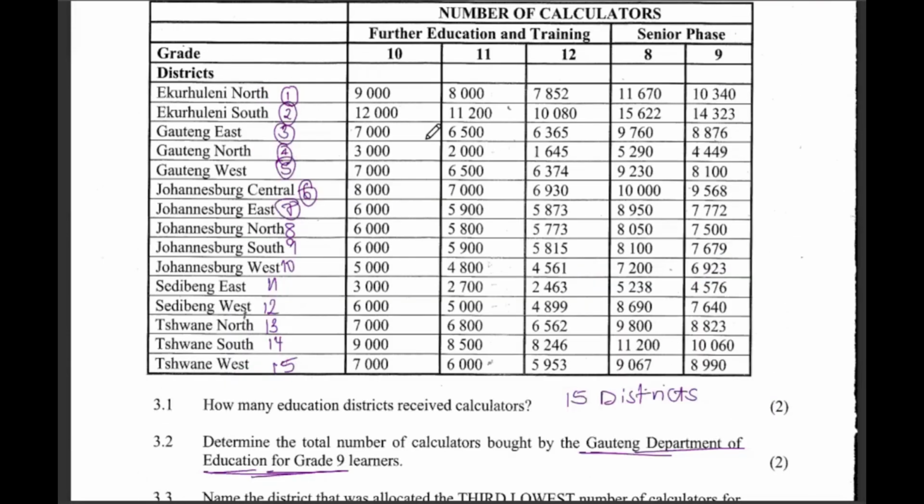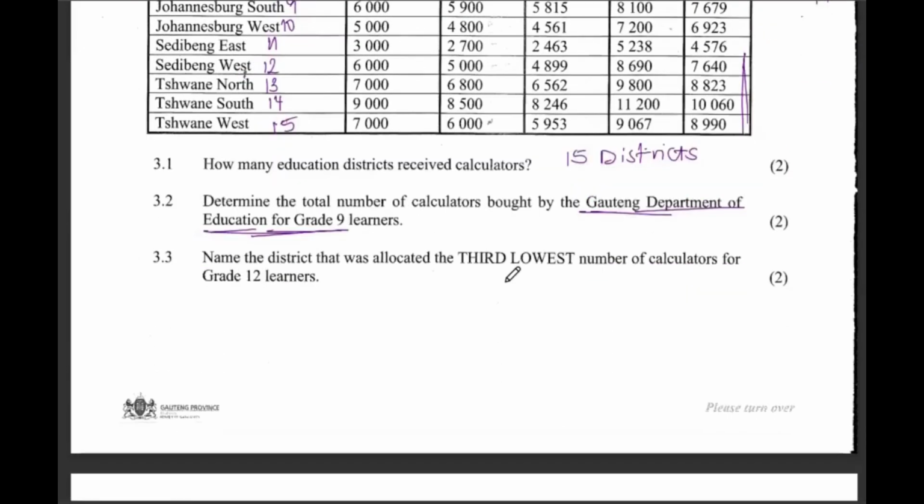So we come and add all these numbers here. For grade 9, we shall add all these numbers because you're looking for the total number of calculators. And when you add all these numbers, approximately you'll end up having 125,619. These were calculators for grade 9.